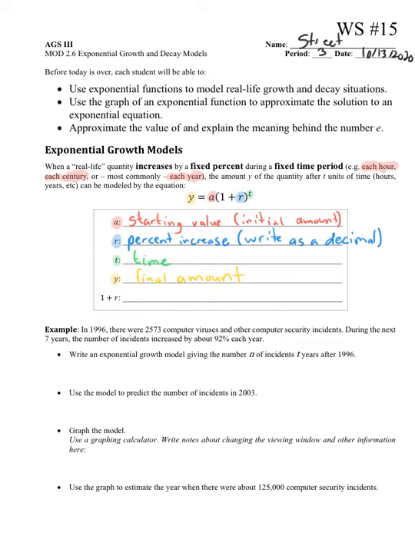So we start with an initial amount, and y is our final amount after we run our calculation. And then the last thing we have here is this 1 plus r. And 1 plus r is the growth factor.